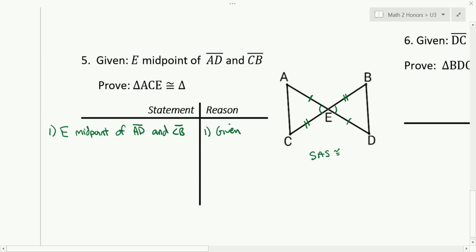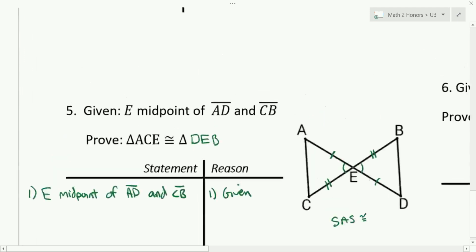And then what's our congruent statement? ACE is congruent to DEB. Good with that? Let's check. Is AC congruent to DE? AC and DE, no, that's not what we want, right?